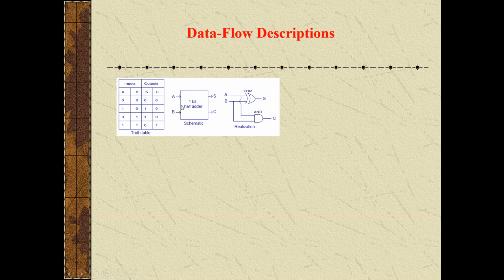two input bits and output bits. The result has two output bits, one bit of sum and another bit called carry out.